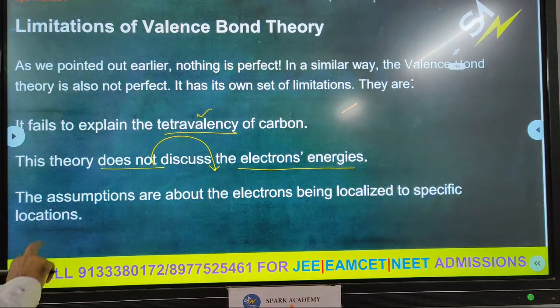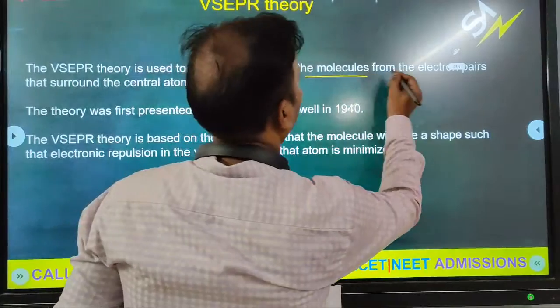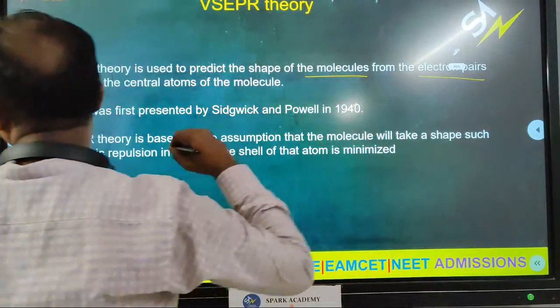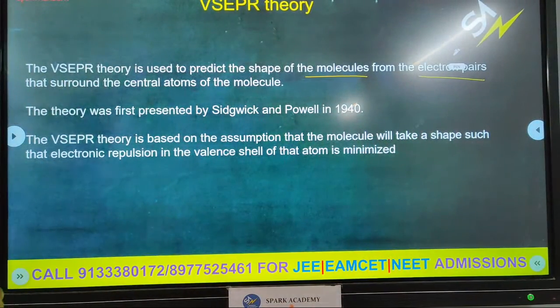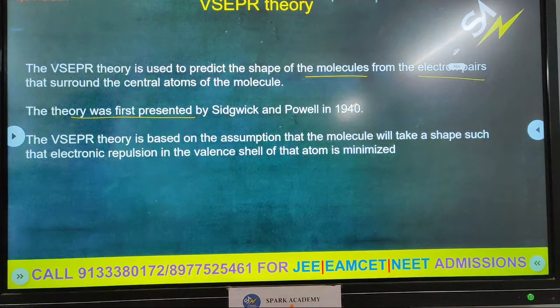After VBT theory, now we see the valence shell electron pair repulsion theory. This theory predicts the shape of molecules from the electron pairs surrounding the central atom in a molecule. This theory was presented by Sidgwick and Powell.